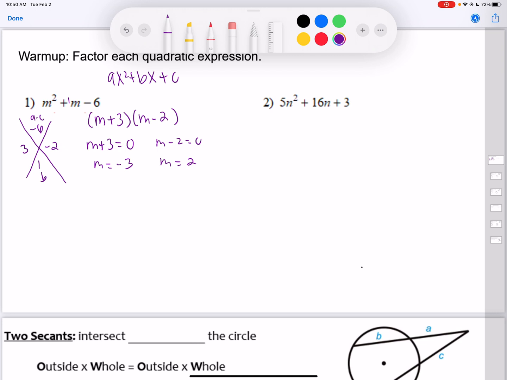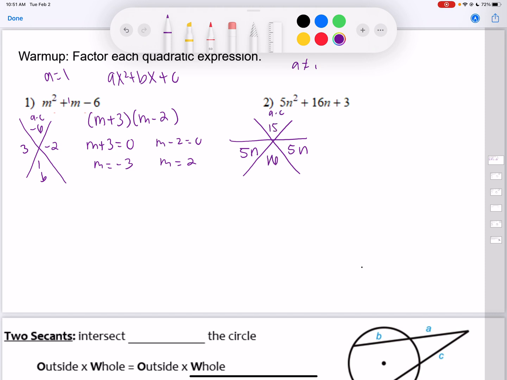So in this case, this was a equal to 1. I'm going to make a star when a is not equal to 1. And I'm going to put the a value and the variable, the a value and the variable. Same thing on the top, a times c, which is 15, b on the bottom.